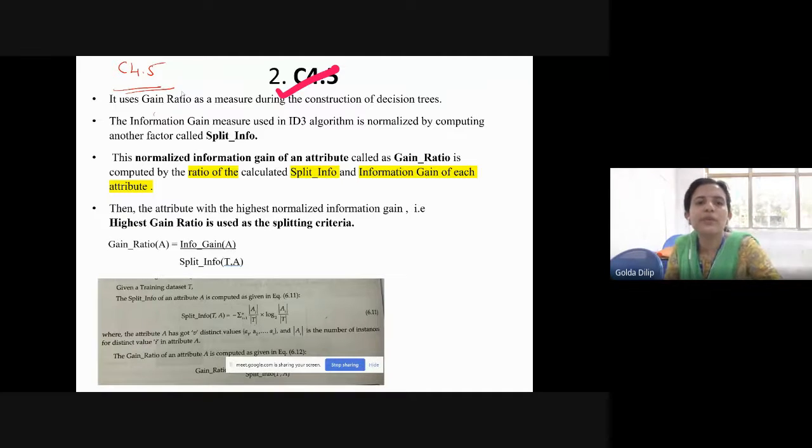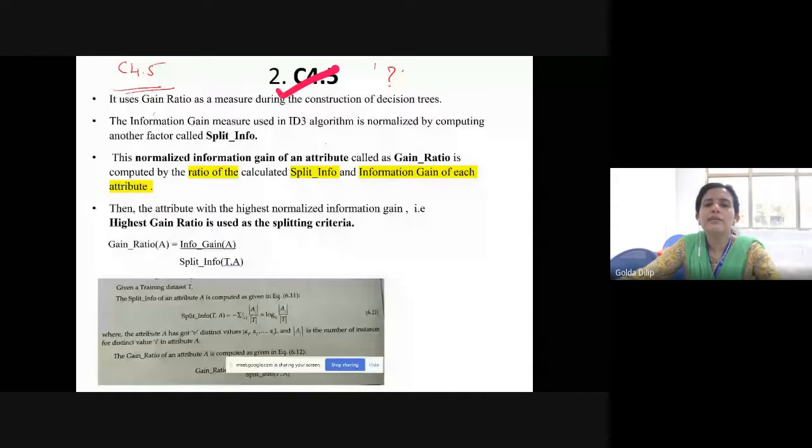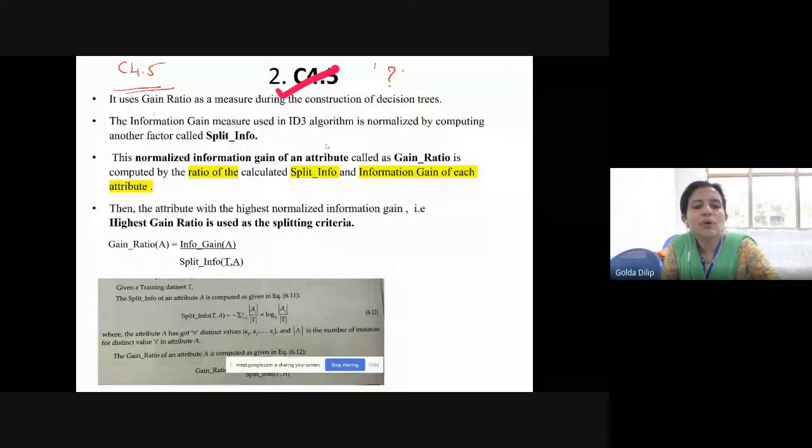So this is definitely considered to be an improvement over your previous algorithm. How it takes care of missing values is, missing values will always be marked with a question mark. Missing values are not considered during the calculations. So it is easy to spot and identify the missing values. And this C4.5 is more efficient when you are trying to build decision trees for smaller data sets or smaller decision trees, you can say.